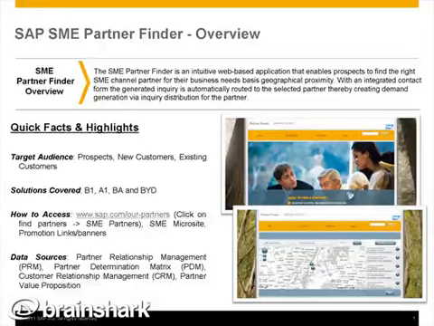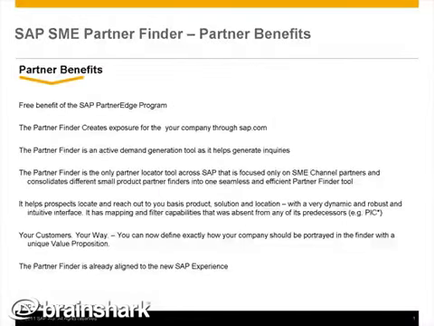In terms of data sources, the data for the Partner Finder is sourced from the Partner Relationship Management tool, the Partner Determination Matrix, which includes a lot of our industry data on partners, Customer Relationship Management, and then also the Partner Value Proposition.